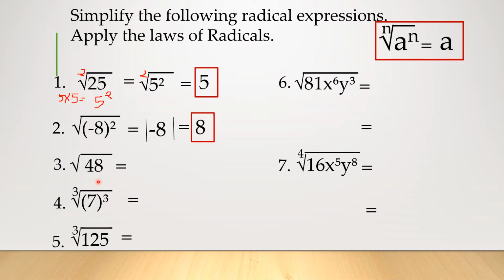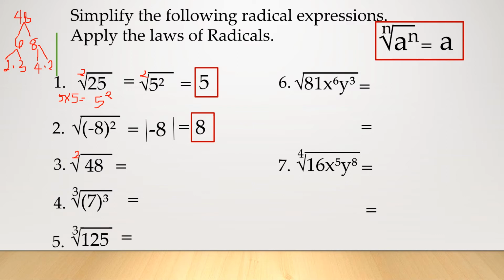We know that 48 is not a perfect square. So we can rewrite 48 as a product of two numbers wherein one is a perfect square. Why perfect square? Because the index here is 2. But if you have a hard time thinking about it, you can also use prime factorization. Let's say 48 is 6 times 8, if that's what you remember. And then 6 is 2 times 3. And then 8 is 4 times 2.